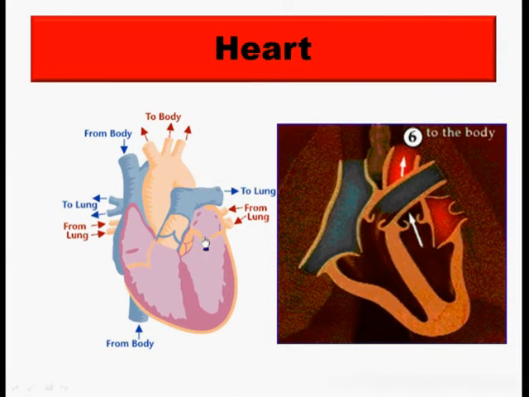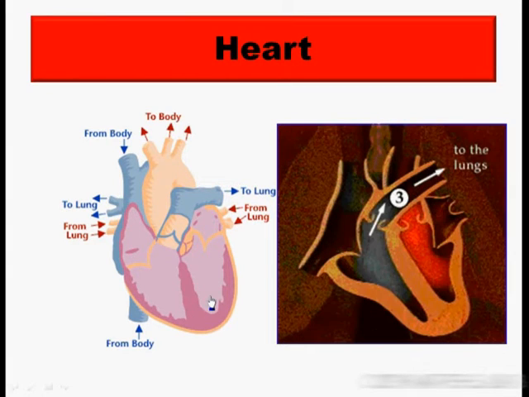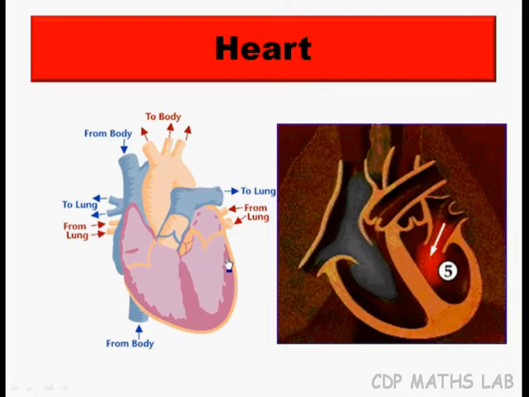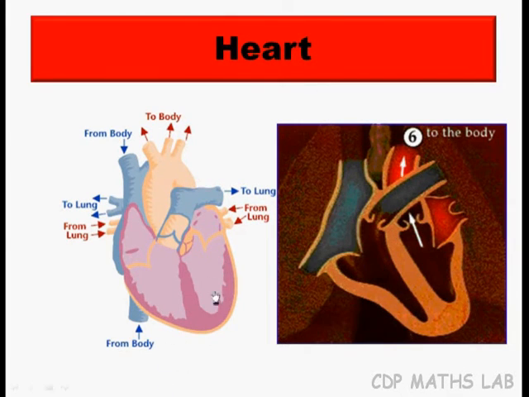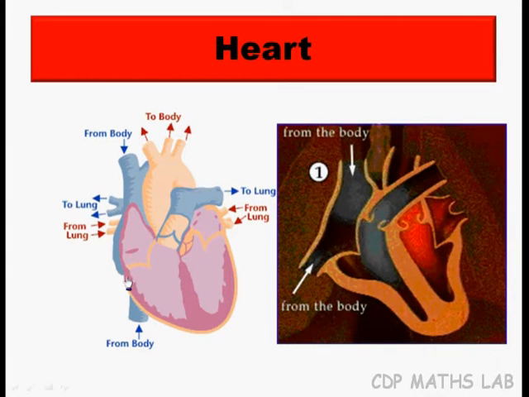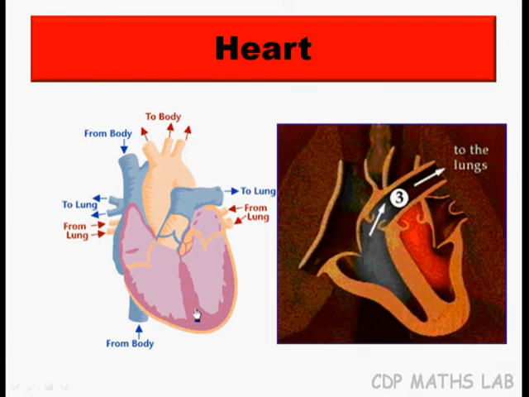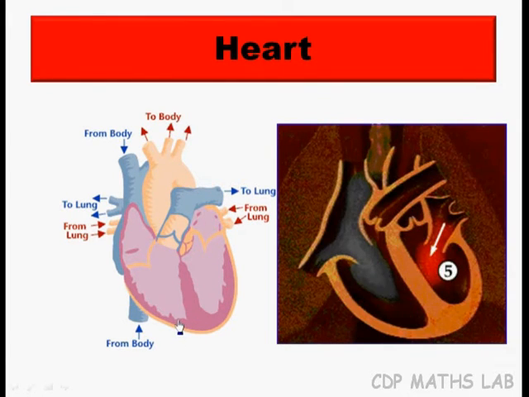Body. So therefore, the blood has to flow a longer distance coming from the left side of the heart. So hence the ventricle here has to be thicker than the ventricle on this side. I mean the muscle of this ventricle right here has to be thicker than the muscle of this ventricle.